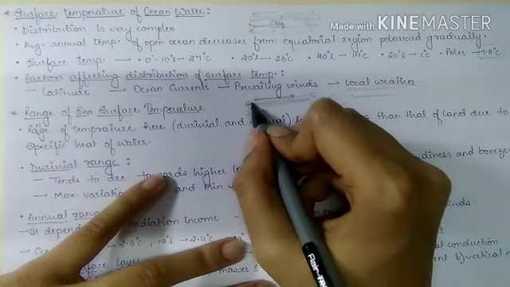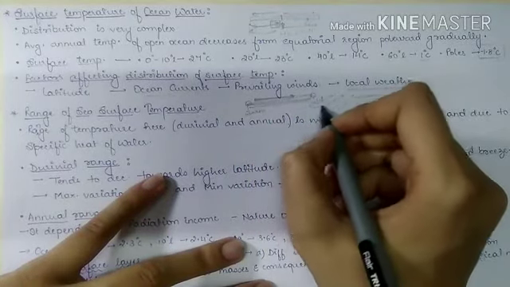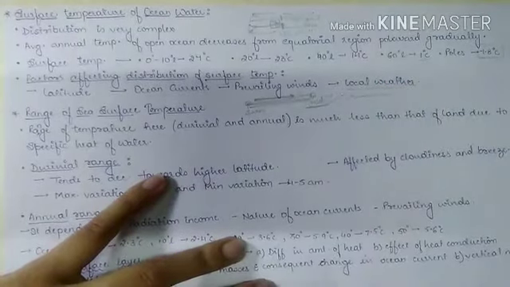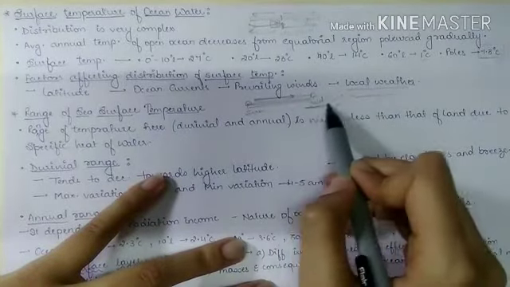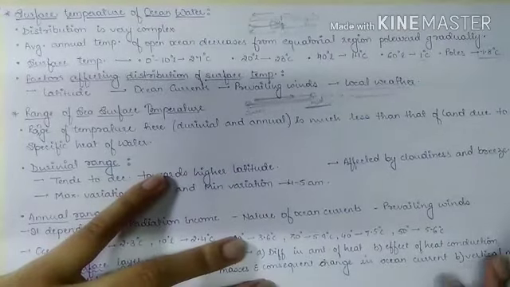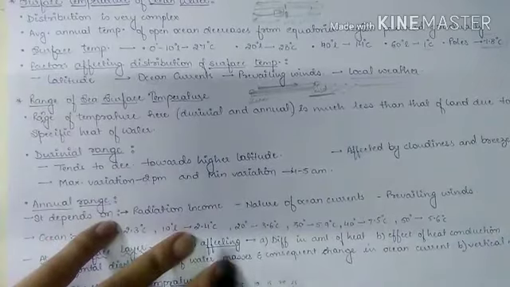The warm water from here will get piled up in the cold region and thus increase the temperature of the colder places. So this is also one of the ways that the prevailing winds are affecting the surface temperature of ocean water.